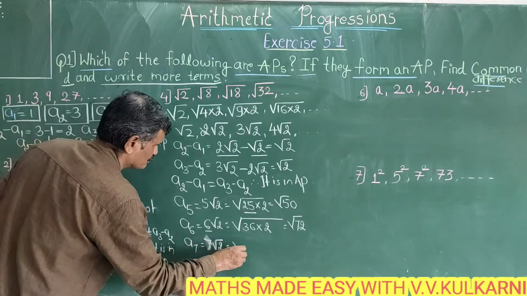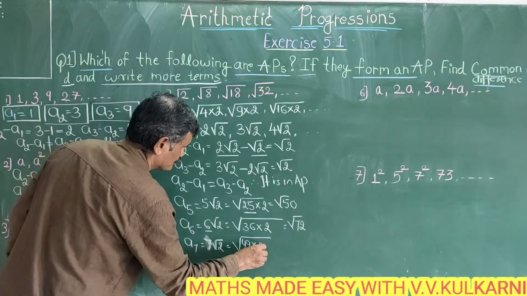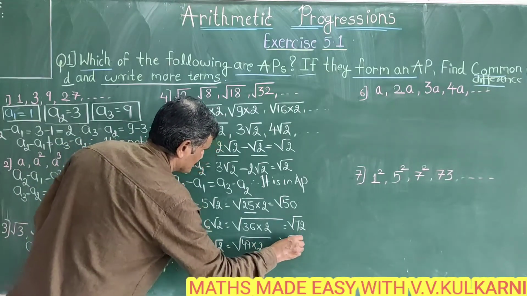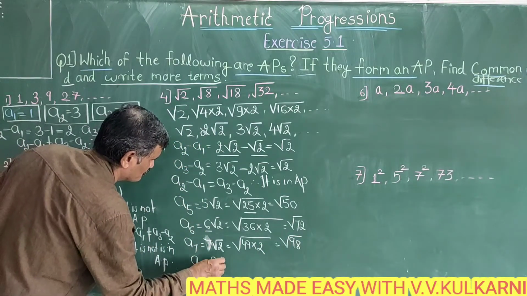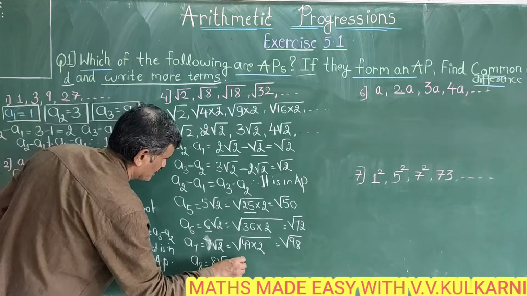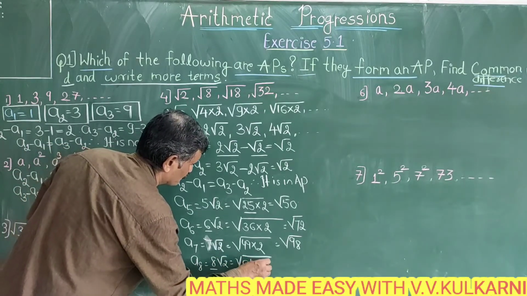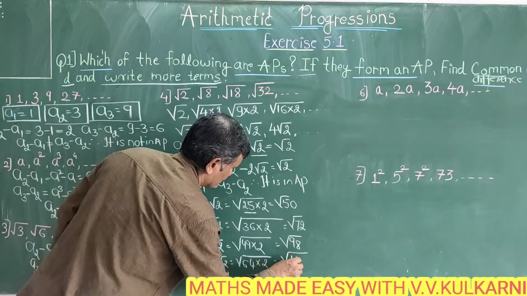That means 49 into 2, that is root 98. If I want the eighth term, 8 root 2, then this 8 can be written as 64 into 2, that is root 128.